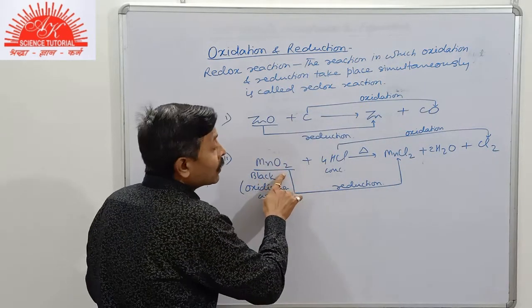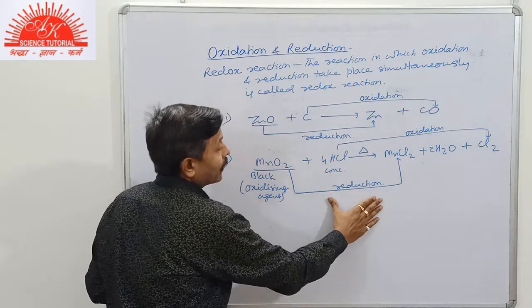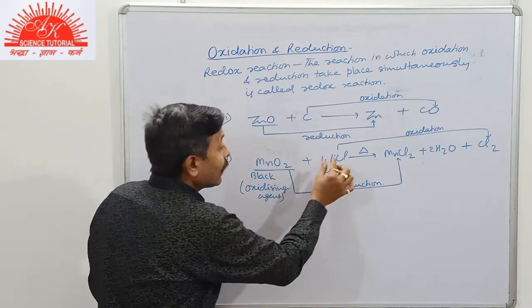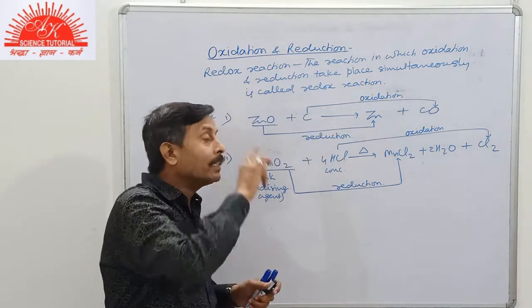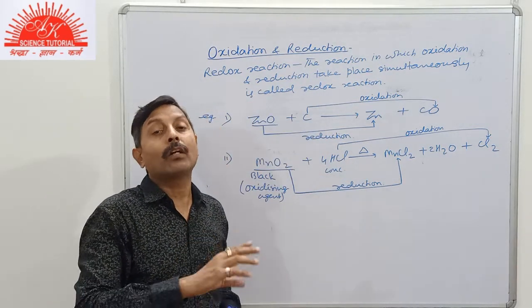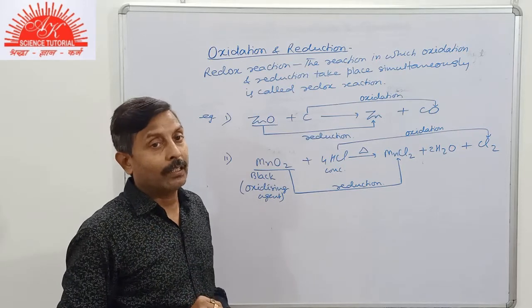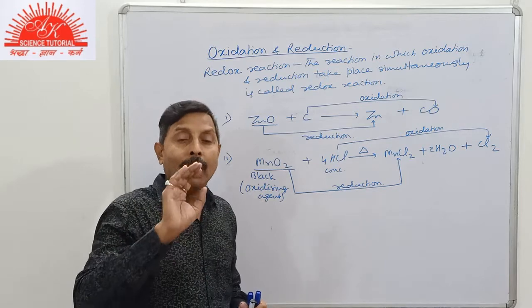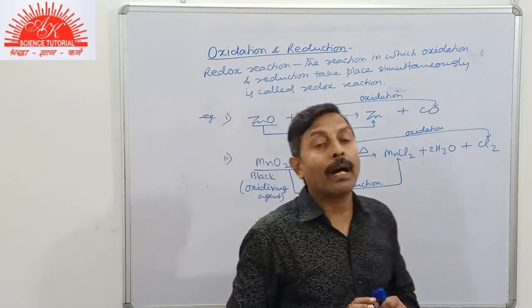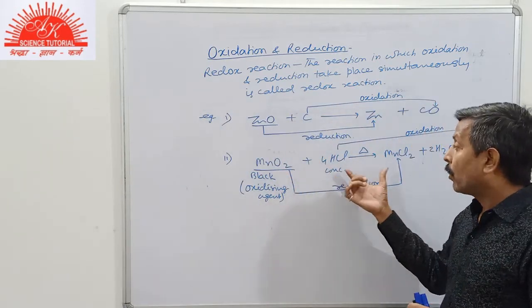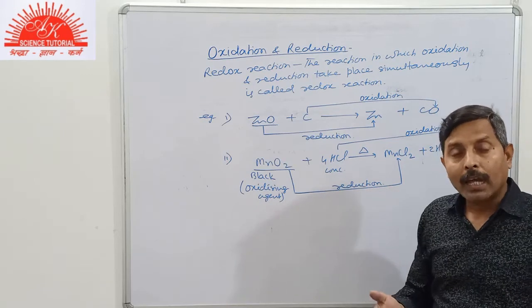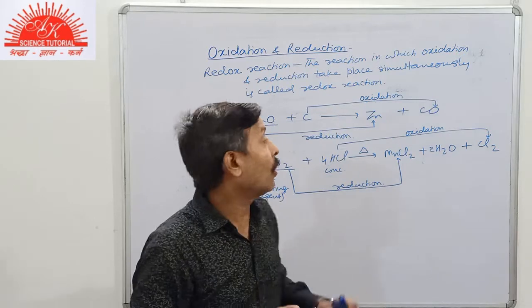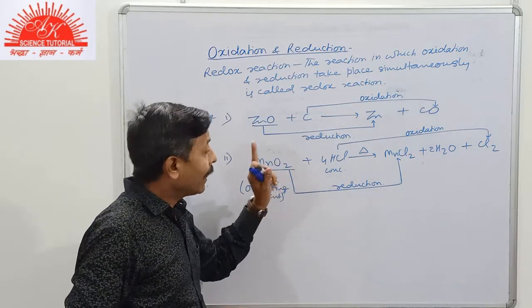The substance whose reduction takes place is called the oxidizing agent, and the substance whose oxidation takes place is called the reducing agent. Sometimes the equation is given, and you will have to identify the part of oxidation, the part of reduction, as well as the name of the oxidizing and reducing agent.